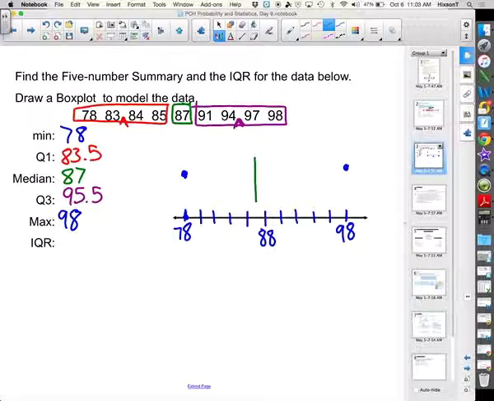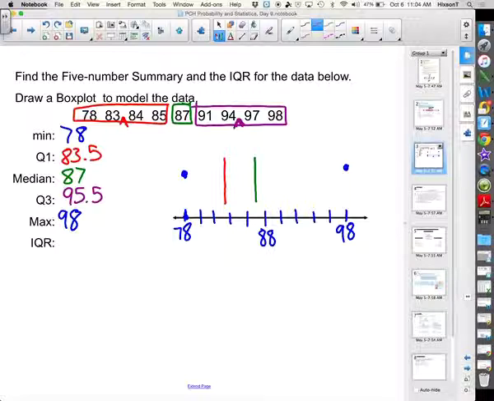And I'm just going to put a vertical line there, because that's part of the box. Q1 is at 83.5, so here's 78, 80, 82, 84. So 83.5 is going to be about 3/4 of the way between those two. So I'm going to put a vertical line there.